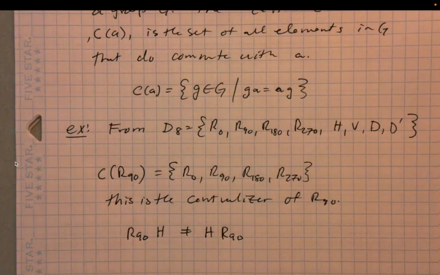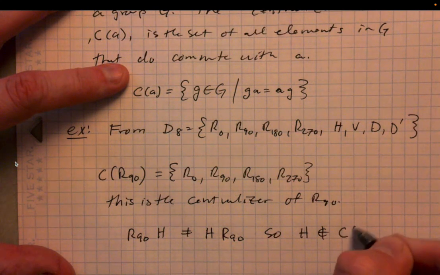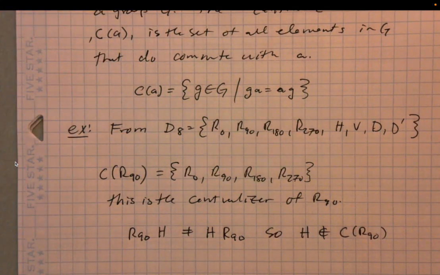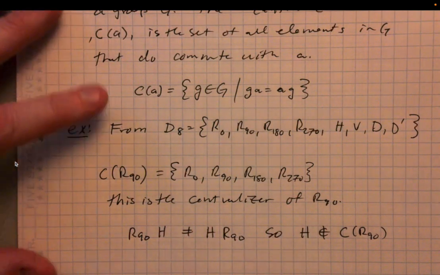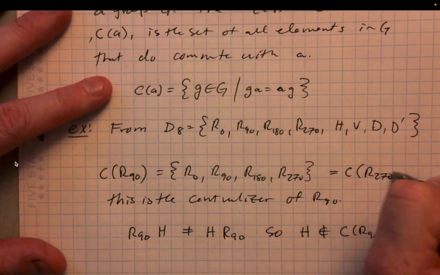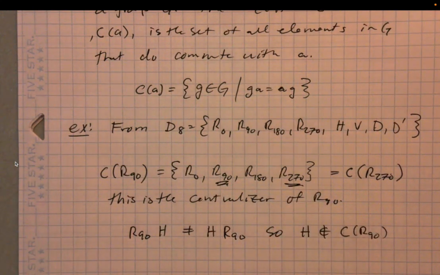So for that reason, H is not in the centralizer of R90. Now it turns out that R270 has the same centralizer. So this is also equal to the centralizer of R270. These two have the same centralizer.